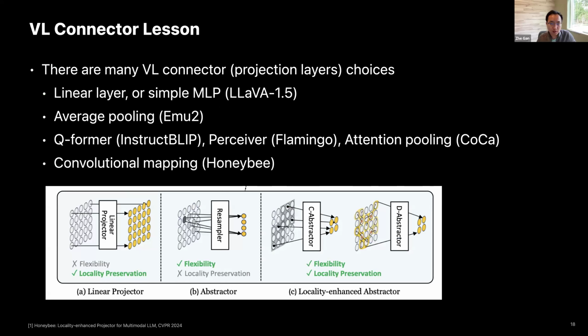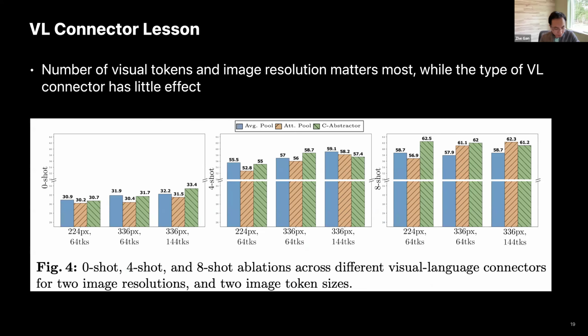In terms of the VL connector, there are so many choices in the literature, ranging from a simple linear layer, a simple MLP, to average pooling, with basically no learnable parameters at all, or to some Q-former or convolutional mapping methods. At a high level, what we really found is that image resolution still matters the most, and also how much budget you have.